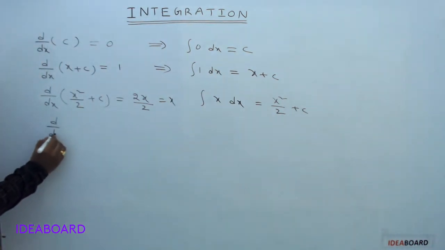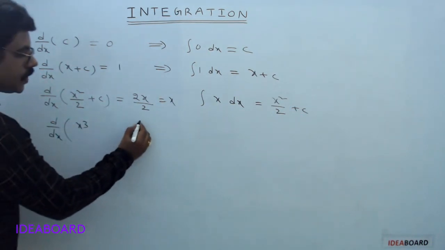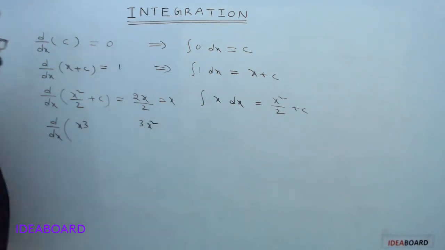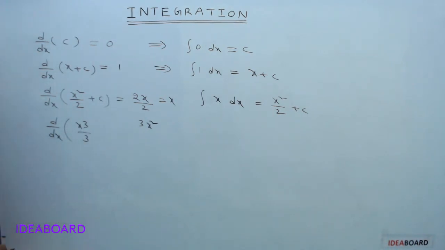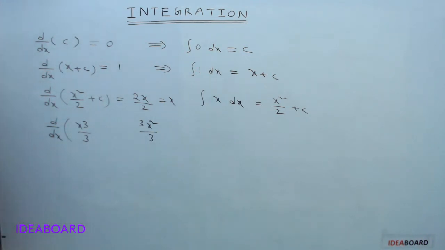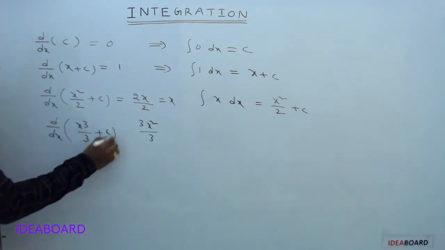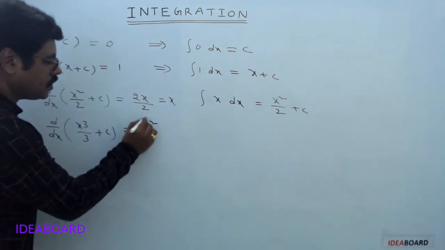Now, what is the derivative of x cube? Derivative of x cube is 3x square. Now, what is the derivative of x cube by 3? That is 3x square upon 3. If we add a constant term, then also derivative of this function is x square.